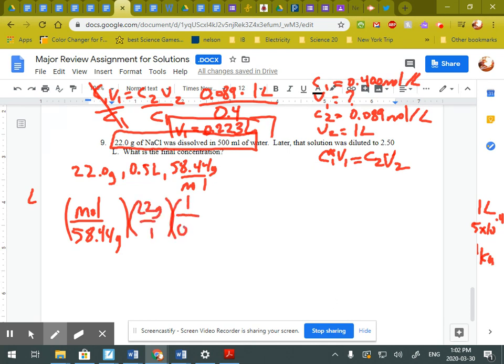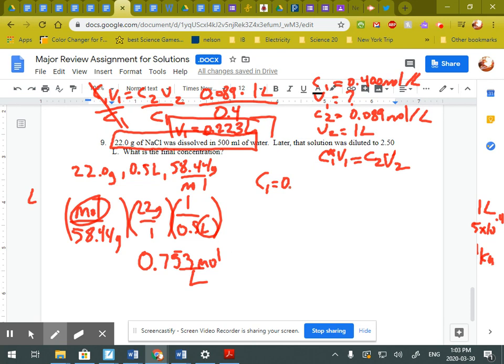And I'm going to put the liters on the bottom. Okay, so now I get moles per liter. 22 divided by 58.44 times 0.5. Okay, and that gives me the 3 sig figs, 0.753 moles per liter.